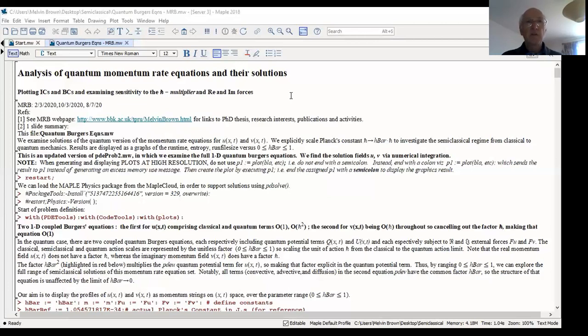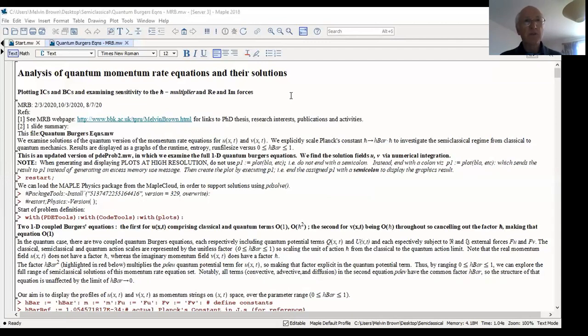But it's possible to represent quantum mechanics in a different way, in terms of the real momentum and the imaginary momentum.